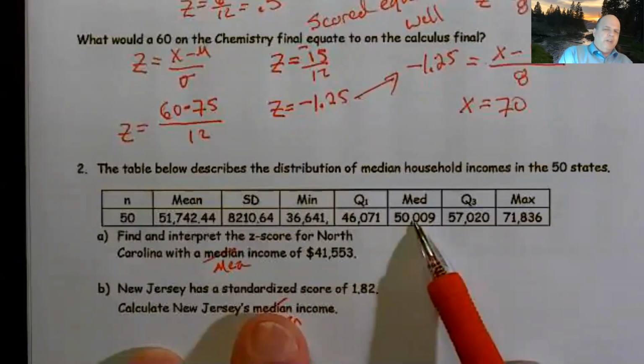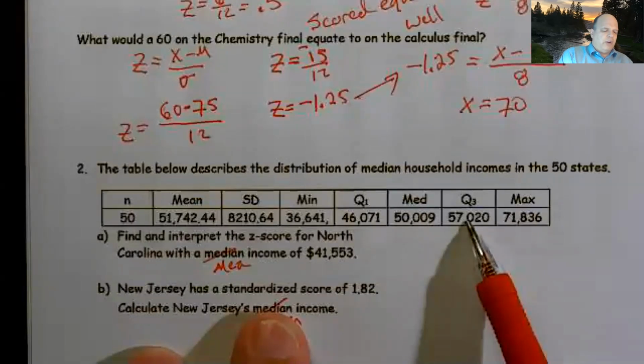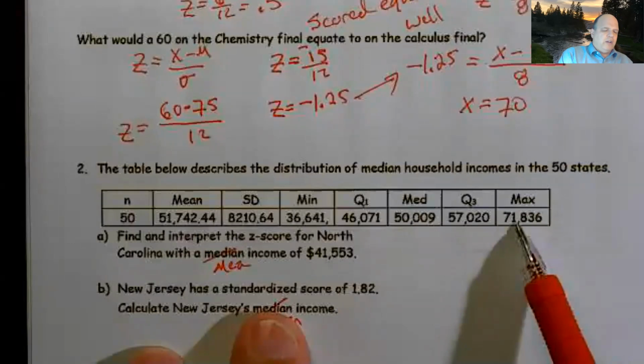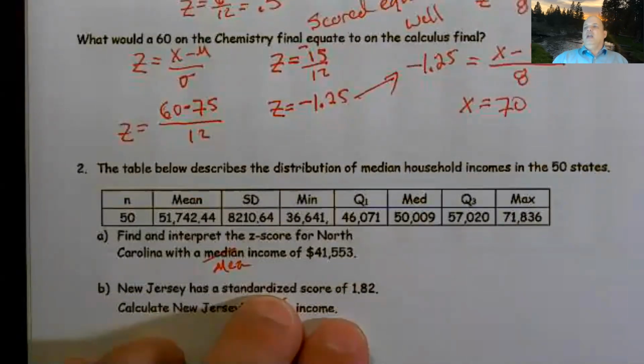The middle, 50% is larger and 50% is less. The median is 50,000. 75% earn less than 57,000, and the maximum value for any single state was 71,836. We had a state that had an average of 71,836.